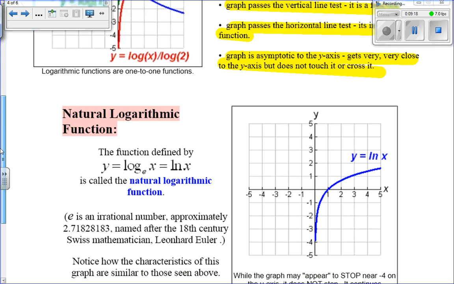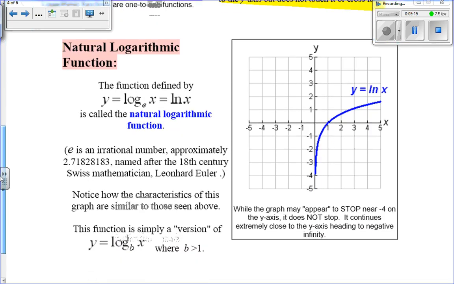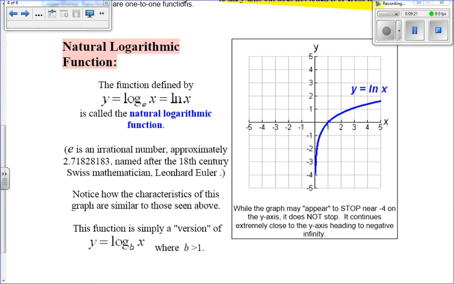We have the natural log function, and this is where we use ln instead of log. Remember, our base is e, and e is an irrational number. We talked about this in the last unit. e is 2.718288183, and it's named after the Swiss mathematician Leonhard Euler.